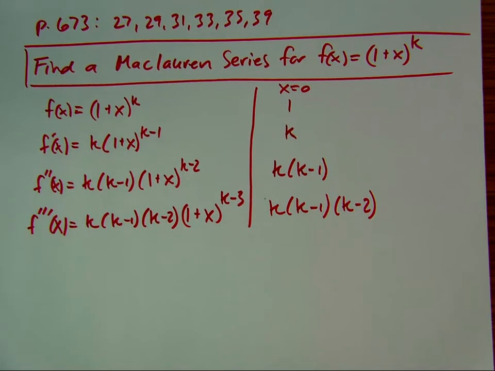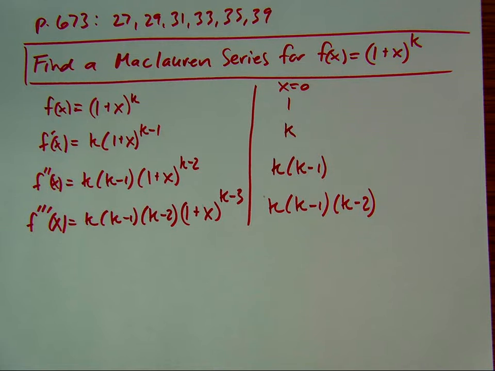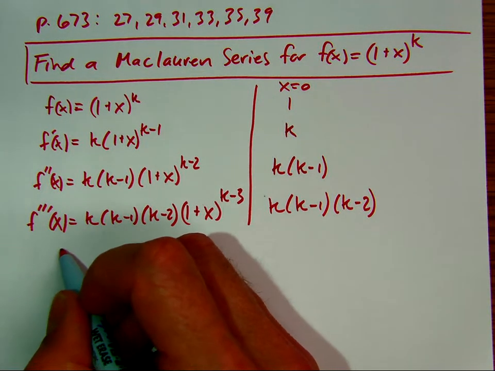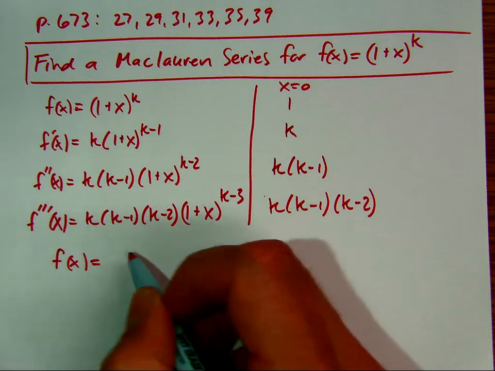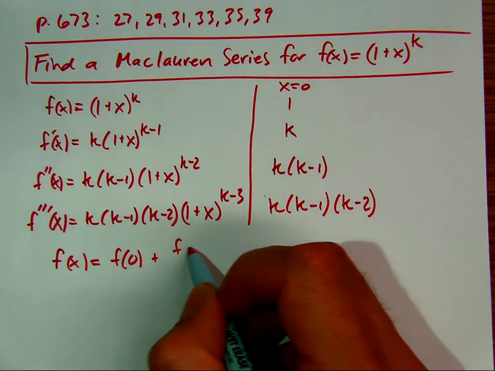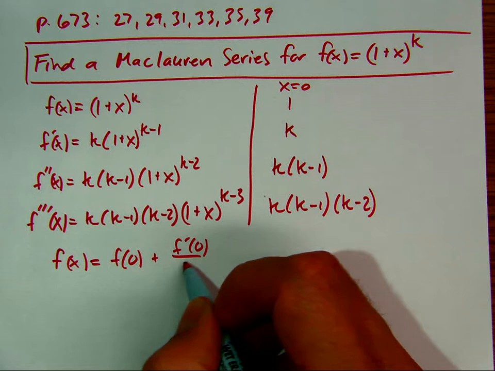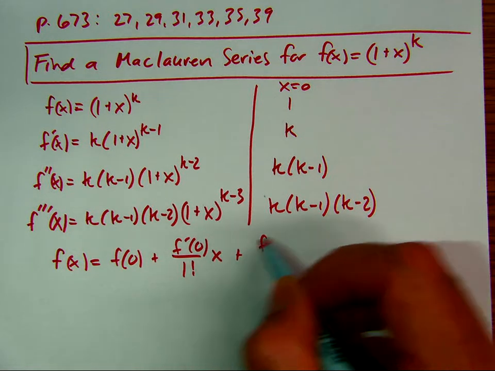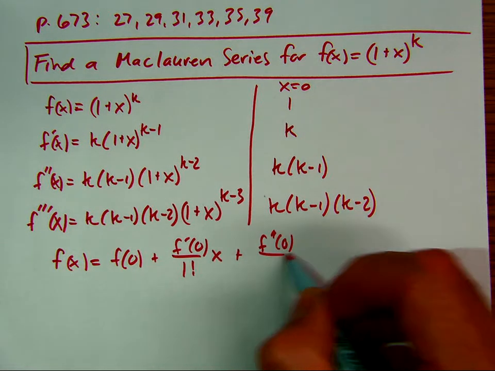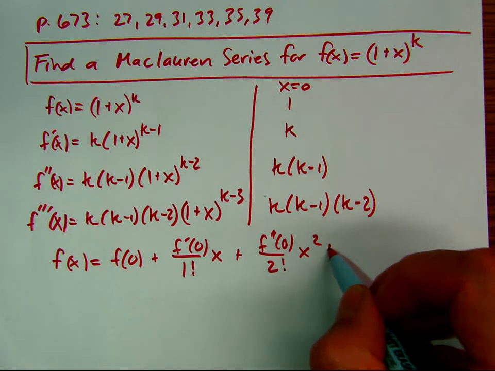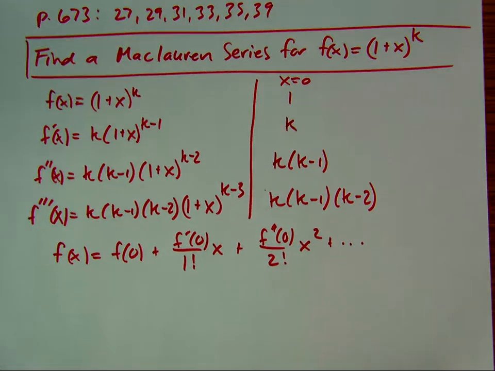And this will let us write out the Maclaurin series, which is f of x is going to be f of 0 plus f prime at 0 over 1 factorial x, plus f double prime of 0 over 2 factorial x squared. And we're just going to substitute for those.